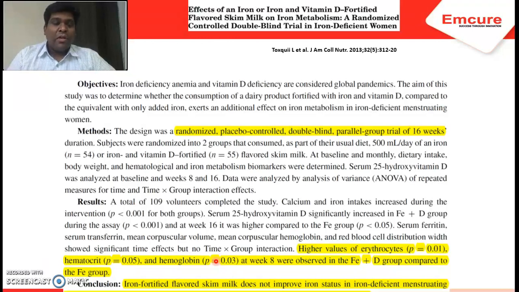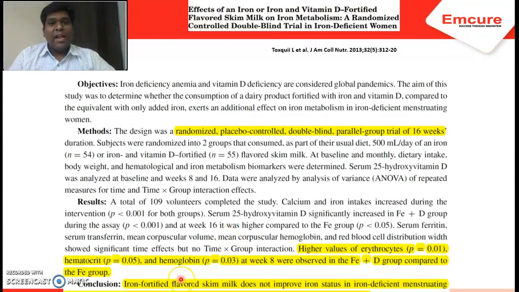In another clinical study, a fortified food which was fortified with vitamin D was given along with iron in one group. In another group there was only iron given. This was a randomized placebo-controlled double-blind trial. It was found that the group which received additional vitamin D had higher levels of hematocrit, better hemoglobin levels, and higher erythrocyte values; statistically it was significant, and it was better than the other group.